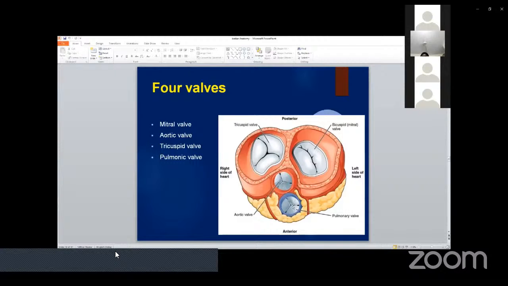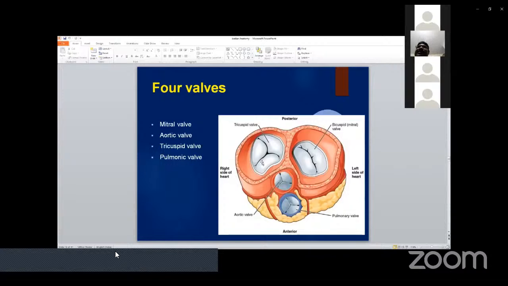First, I will explain where the tricuspid valve is located. The tricuspid valve is located in between the right atrium and right ventricle. Then from the right ventricle to the lungs, there is a valve.